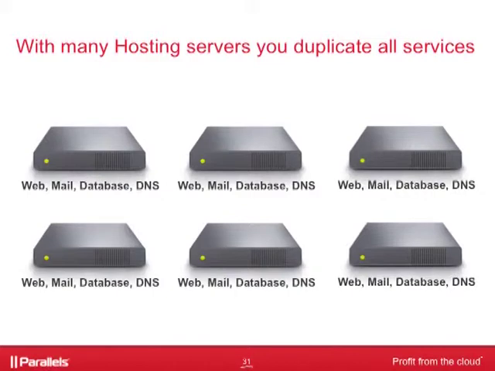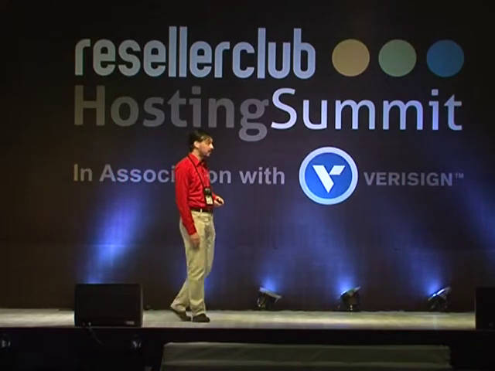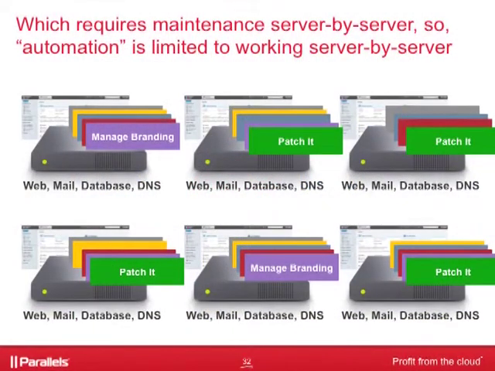But with many servers, like if you have 6 servers, like 6 cats, you actually duplicate all your services. And that means you maintain all that stuff server by server, which can get pretty crazy as time goes on, because all that stuff you're seeing on the screen, you have to do on a server-per-server basis, not centrally.